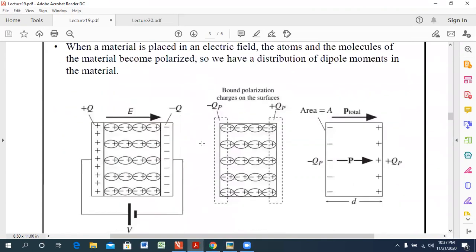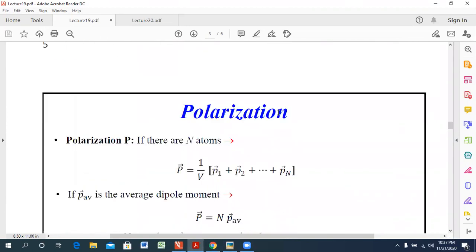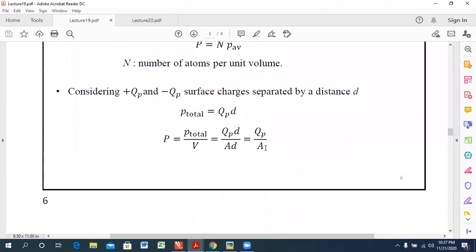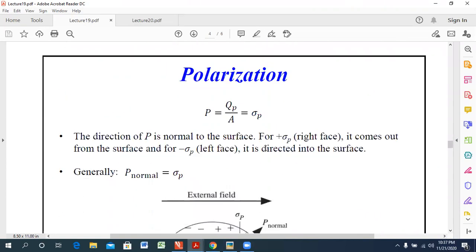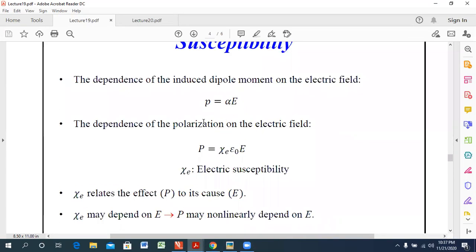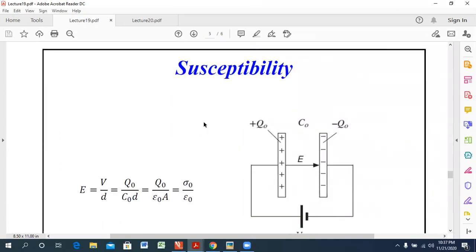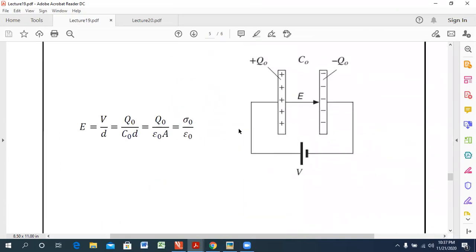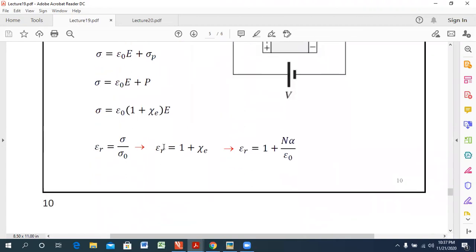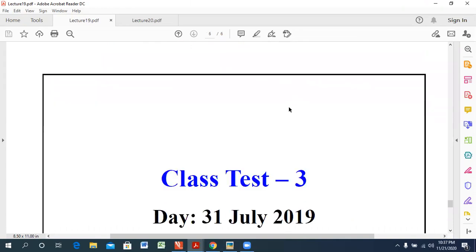So what I have covered is lecture number 19. I have already covered these things in our class: the polarization P, what P average is, then P normal, then susceptibility and its definition, and after that the relationship between these two things. Then we derived that epsilon r equals 1 plus Xe.